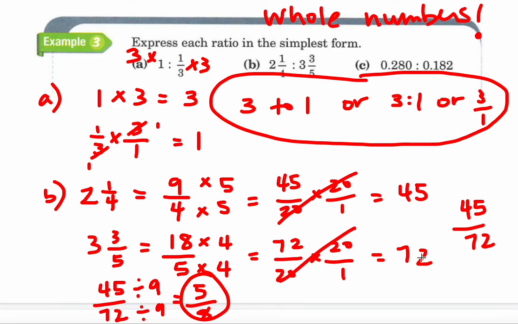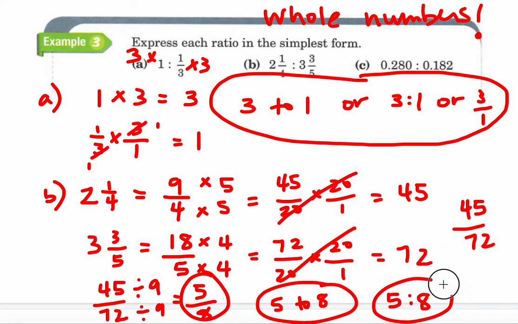So 5 to 8, because it's a ratio, would be my final answer. 5 to 8 written as a fraction, or you can write it as words, or you can write it with the colon, 5:8. Okay? Oof, that's messy. But remember, we wanted whole numbers because that's easier for somebody to understand the comparison.